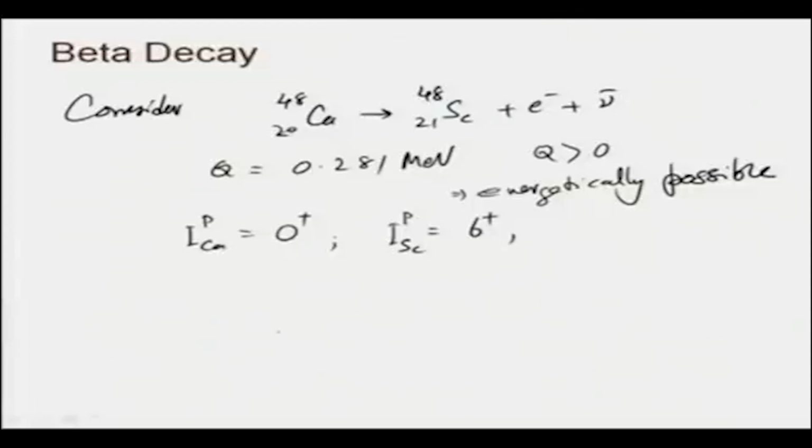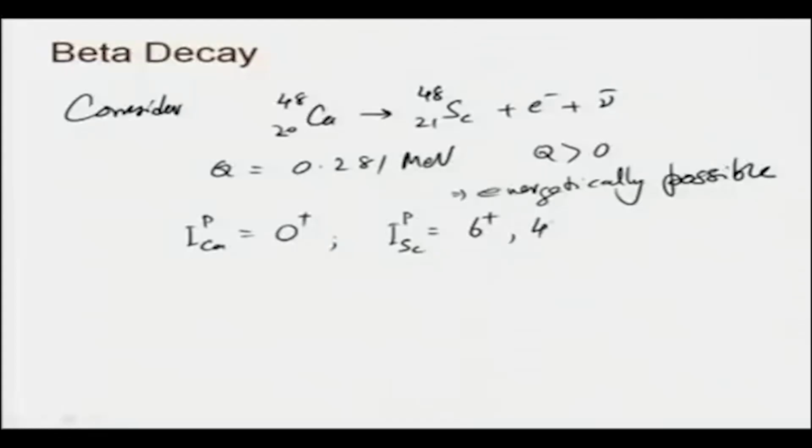And if you consider the excited states, where it is still possible to actually have positive Q value, it is still 4 plus and 5 plus, the first few excited states. So, for all of these, delta I is 6 for the ground state, 4 and 5 for the excited states.